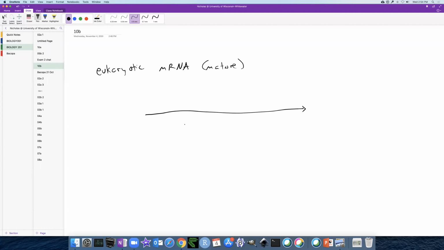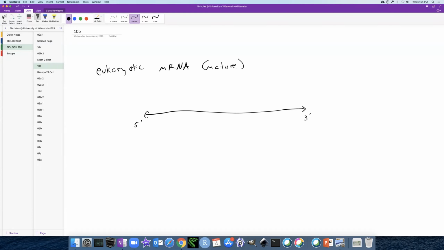So we have our strand of RNA, single strand. Under normal conditions, this would have been made as a copy of the DNA template, right? So it's got a 5' and 3' end. Which end on this arrow is the 3' end? The 3' end is the arrowhead, and the 5' end is, I don't know, the arrow butt.